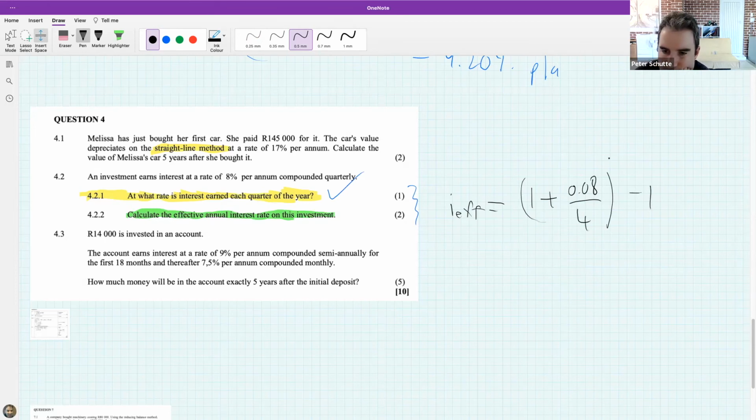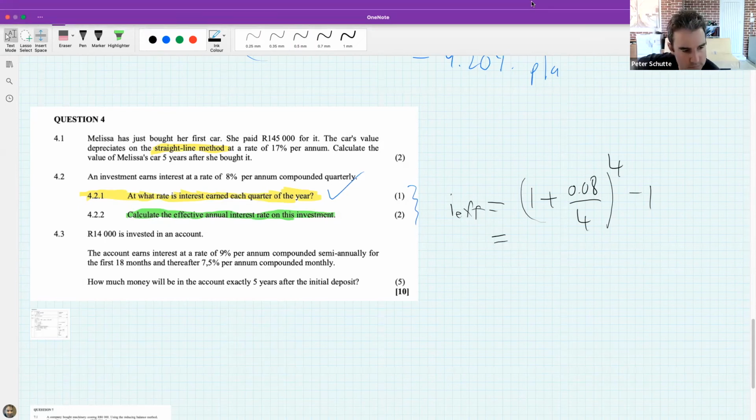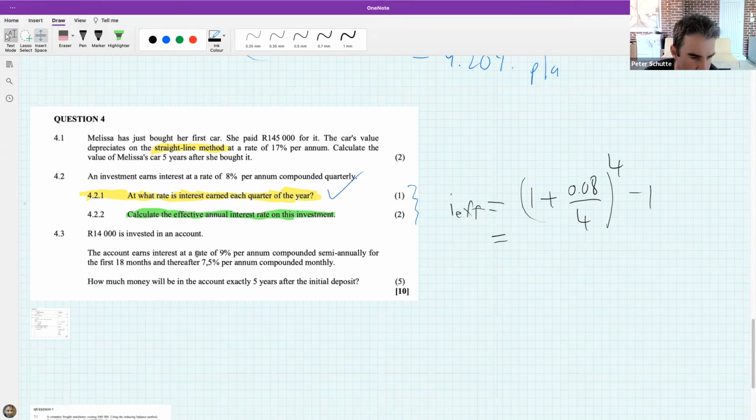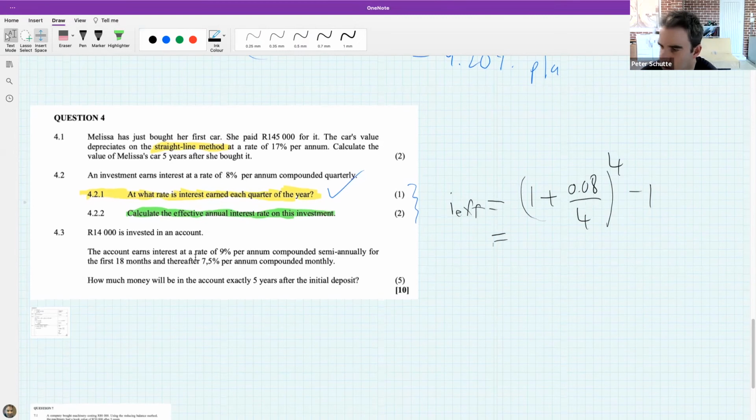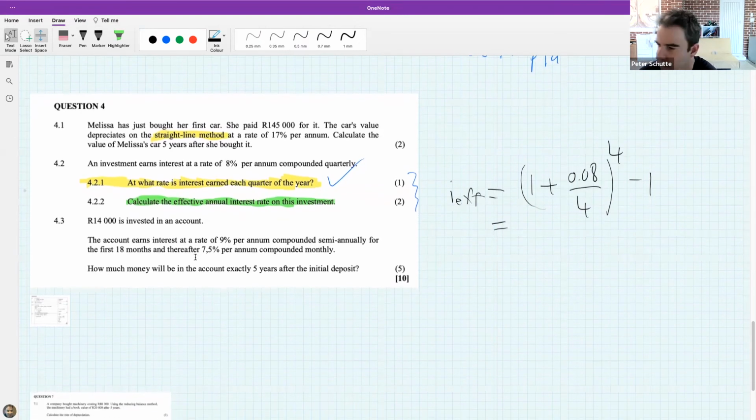So that's going to be 4, and that's going to be 4, because it's per quarter. What's my effective annual interest rate?